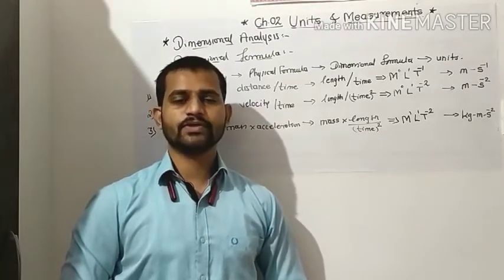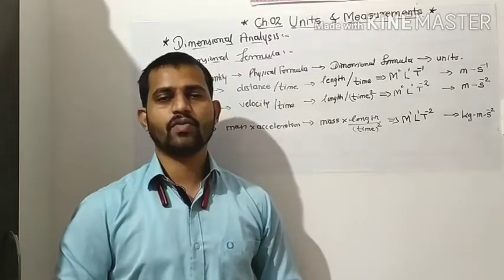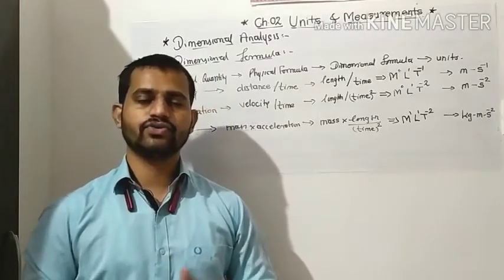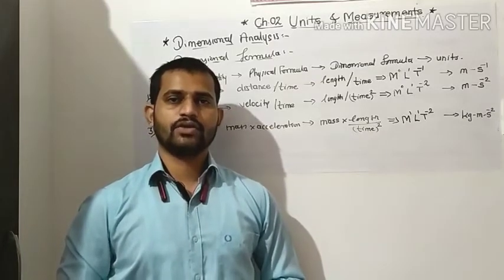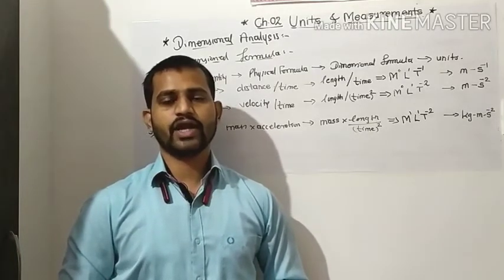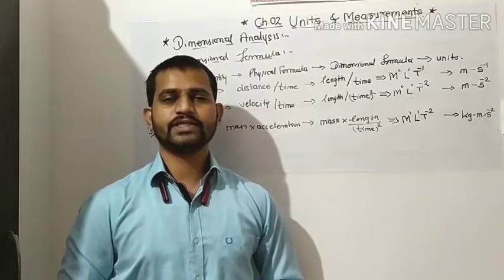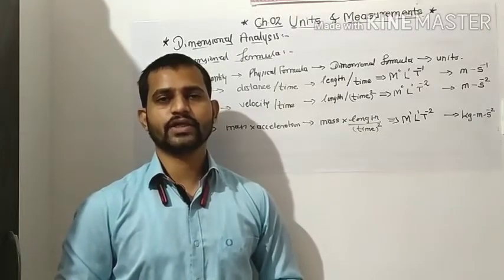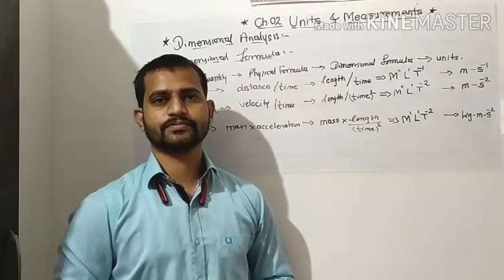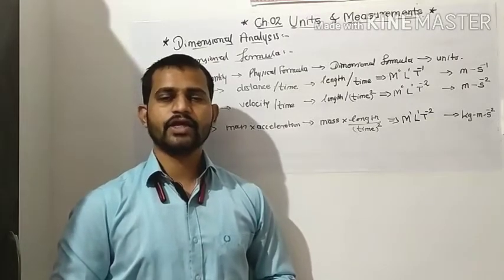Now, what is the purpose of using the dimensional formula? Why is it important to know the dimensional formula? From the dimensional formula, we can get an idea about the basic fundamental quantities on which any physical quantity depends.